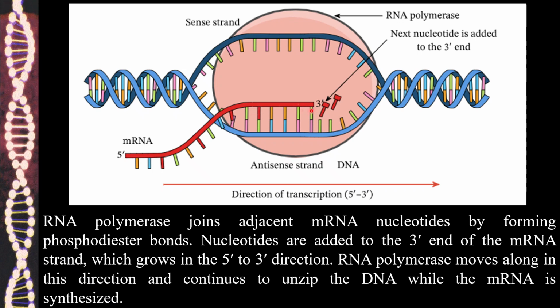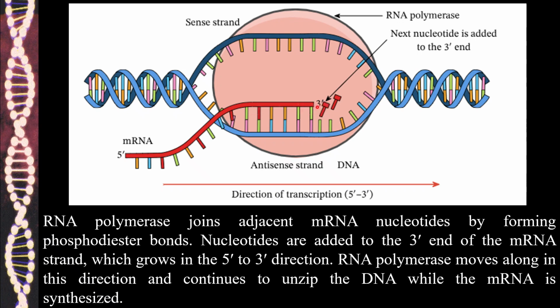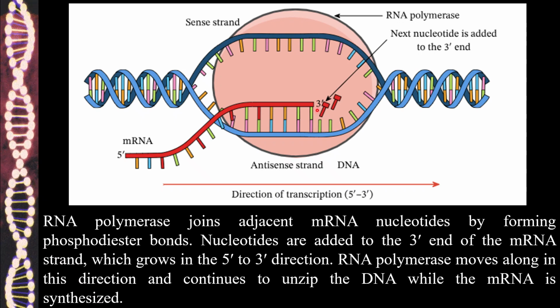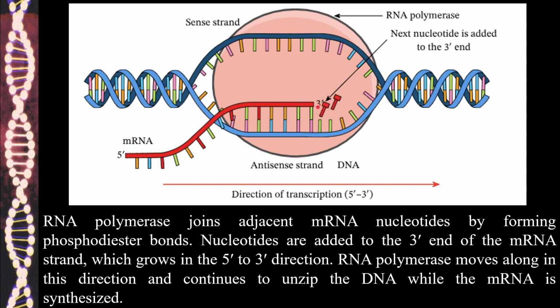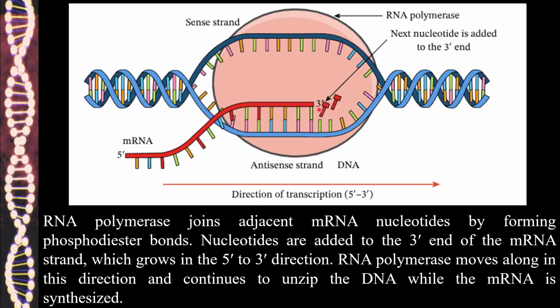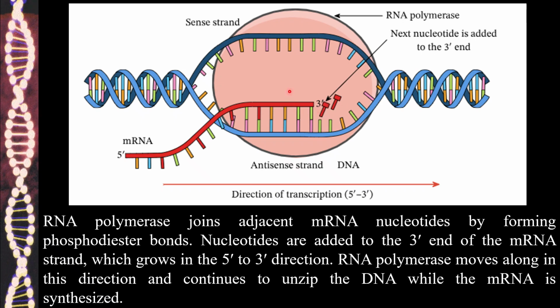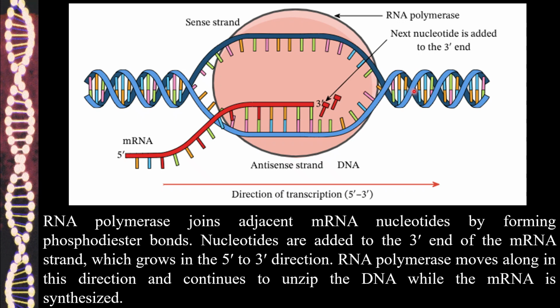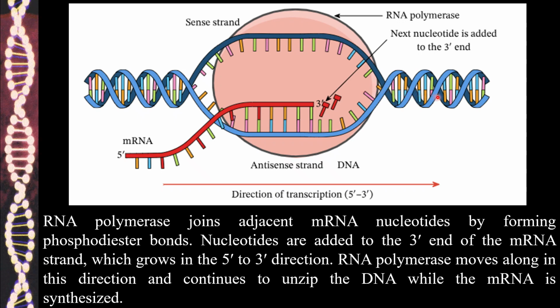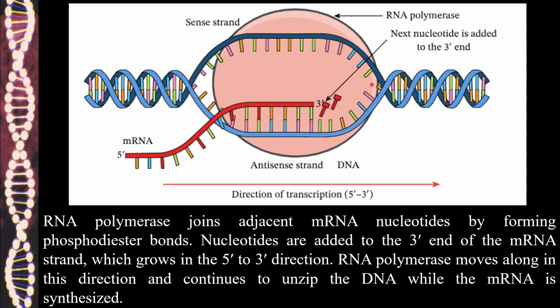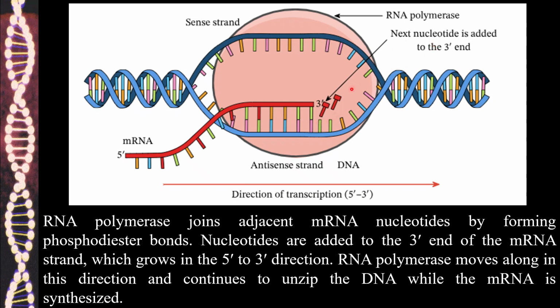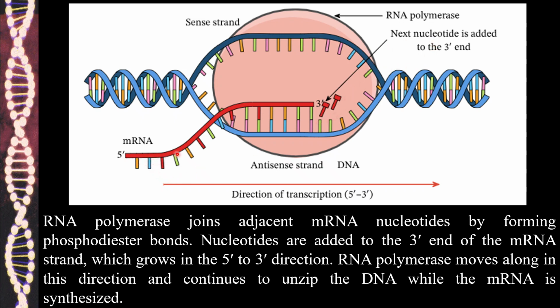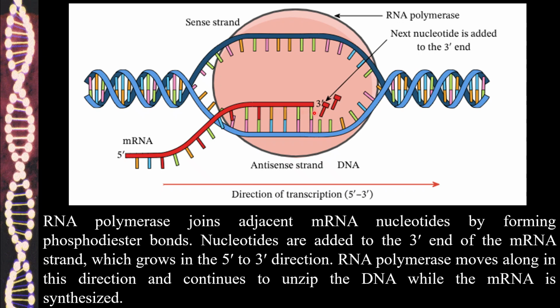At the end of the RNA, there is the free 3' end, so that another nucleotide can add to this free 3' end. As the RNA polymerase adds the nucleotides, it moves forward, unwinds the helix, and new nucleotides keep binding to this strand. This is how elongation of the strand occurs.